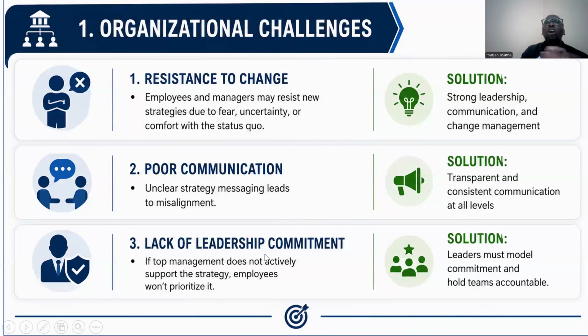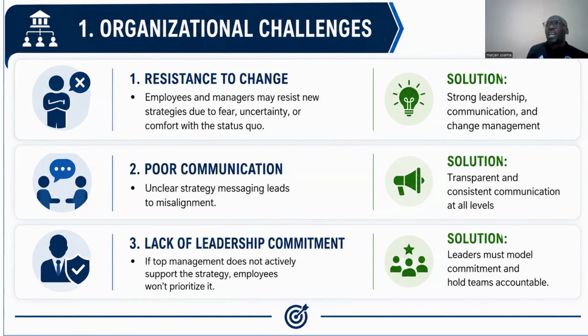Then number three, lack of leadership commitment. Another organizational challenge is that if top management does not actively support the strategy, employees won't prioritize it. So it always starts with the leaders. If the top management supports the strategy, then even down there, the employees will be committed.